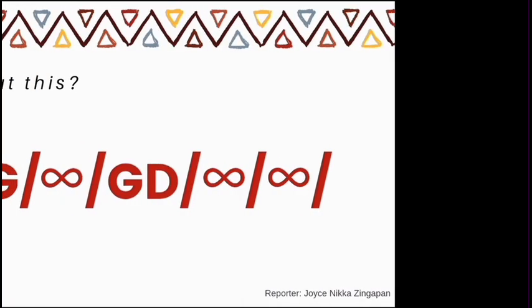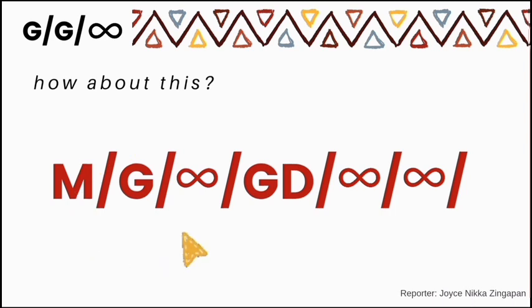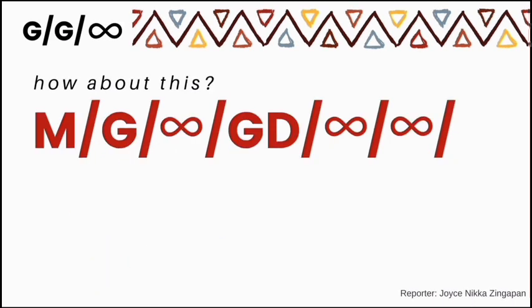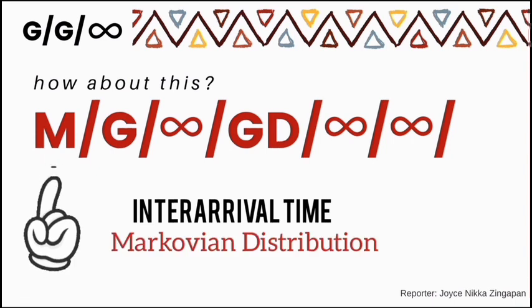But how about when the inter-arrival time is exponentially distributed? Through Kendall notation, this is how it looks: MG Infinity. For the first element, the inter-arrival time, we have Markovian since it is exponentially distributed.